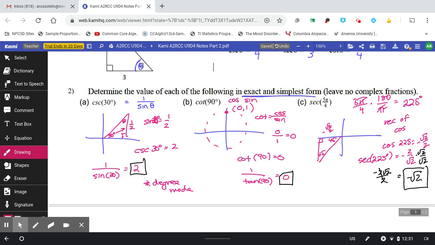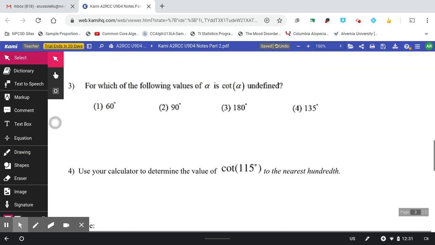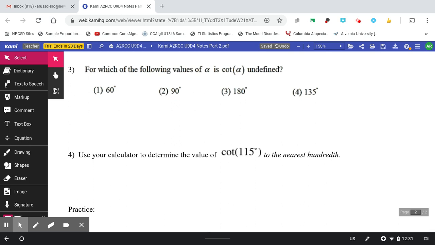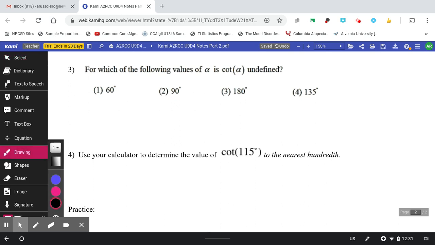All right, so let's go down a bit and look at this multiple choice question. Which of the following values is the cotangent undefined? Okay, so we know that the cotangent is equal to 1 over the tangent, but we also know that the cotangent is equal to the cosine divided by the sine.